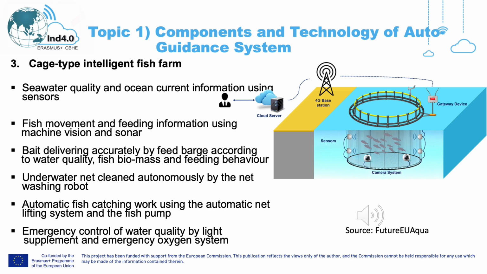The underwater net is cleaned autonomously by the net washing robot. The automatic fish catching work uses automatic net lifting systems and the fish pump. Light supplement and emergency oxygen system can be used as an emergency control of water quality.